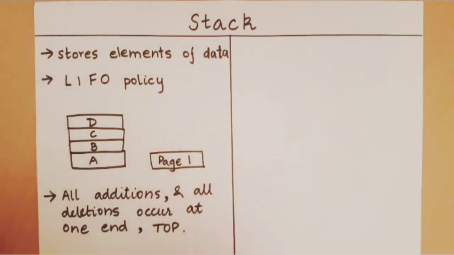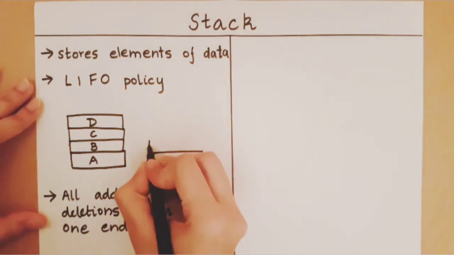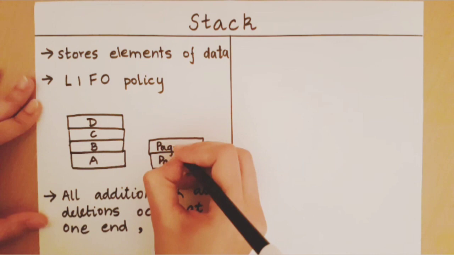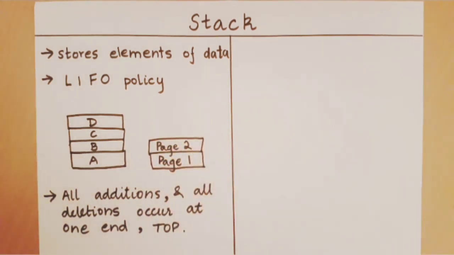So once I have moved from page 1 to page 2, page 1 will be pushed into the stack. Now I am on page 2. When I move from page 2 to page 3, page 2 will be pushed into the stack. Now I am on page 3.